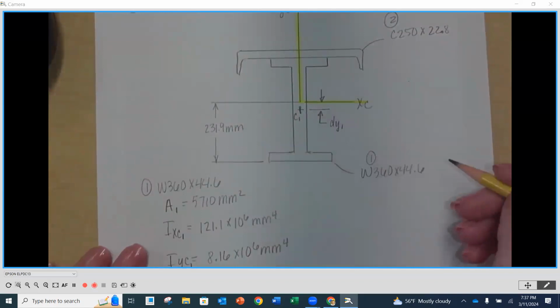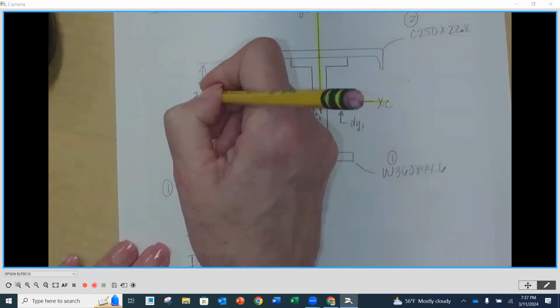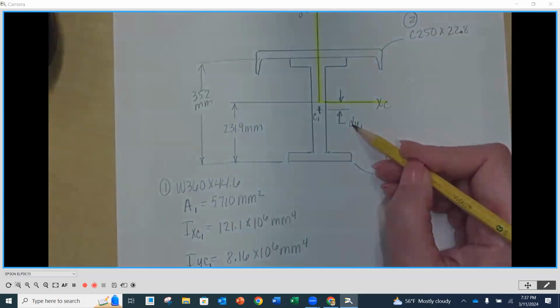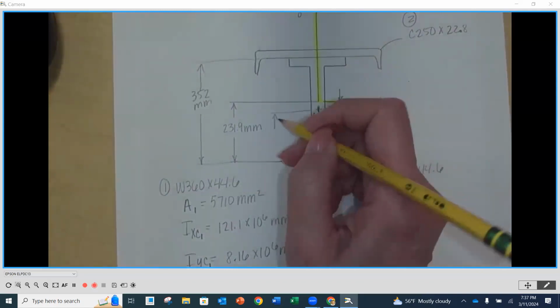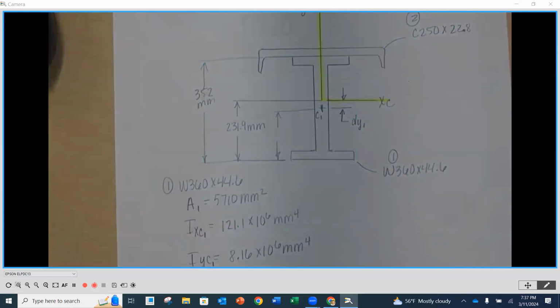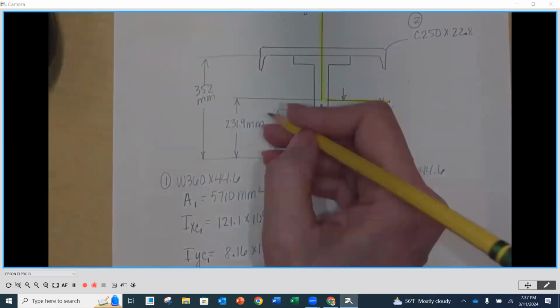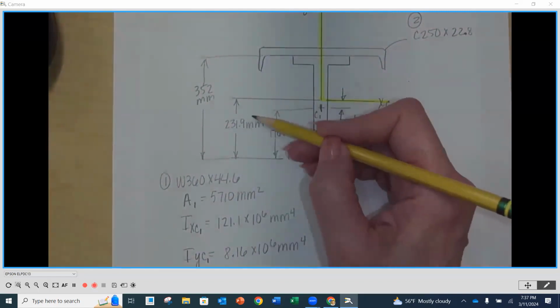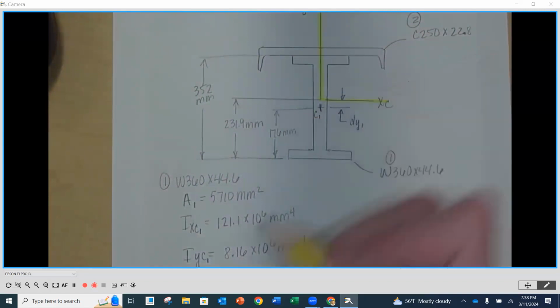Then our D1 is going to be half of that, right? What is half of 352? 176 millimeters. So the difference between 231.9 and 176 is our D1 distance.